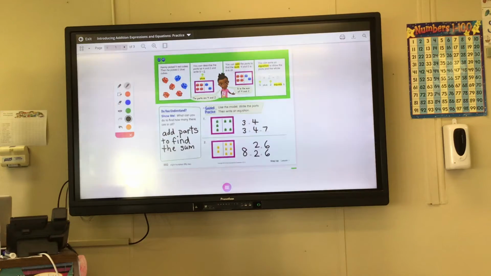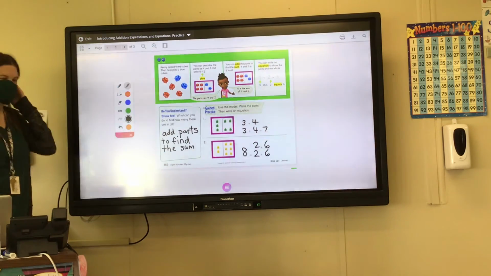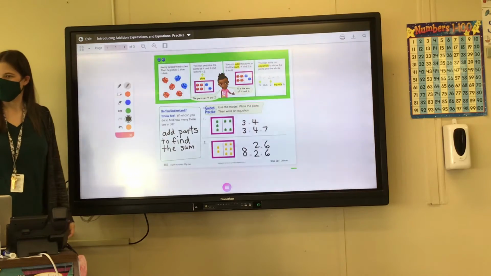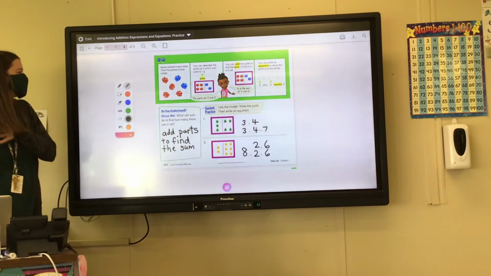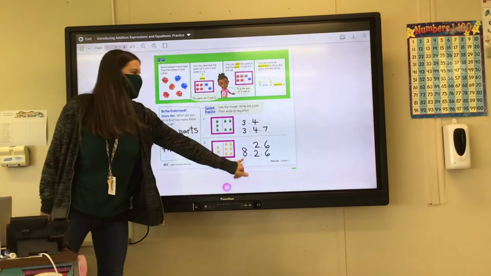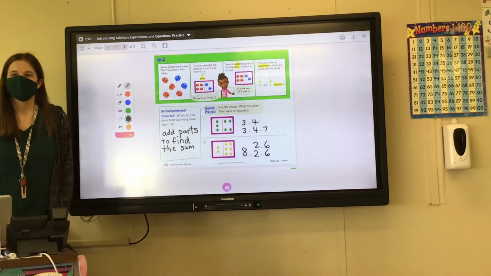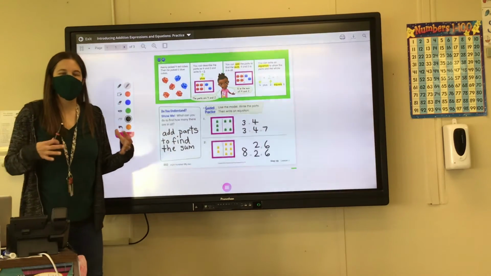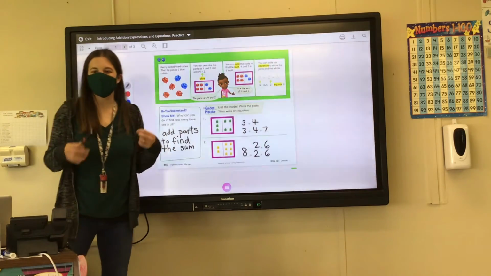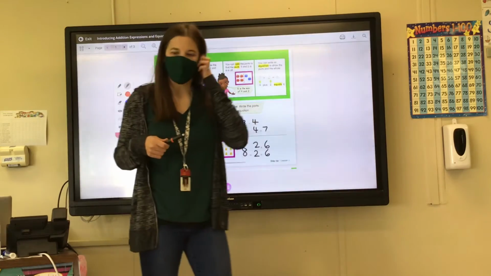Raise your hand if you need more time. Okay. Add the parts to find the sum. So you always have to remember where that equal sign is. The whole number is on one side of the equal sign, and on the other side are the parts. You add those parts together to find the sum, which is that whole number.